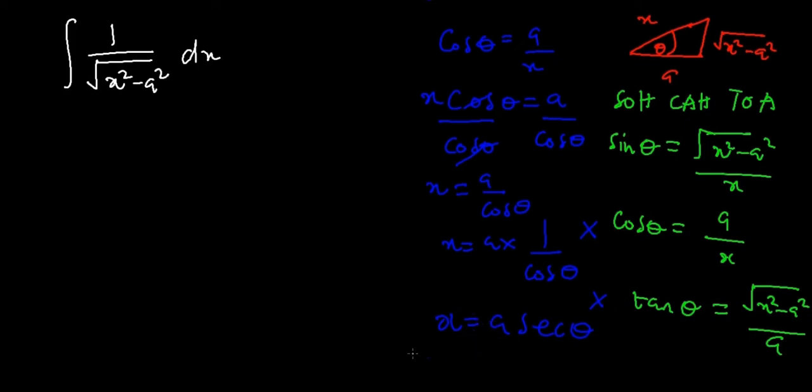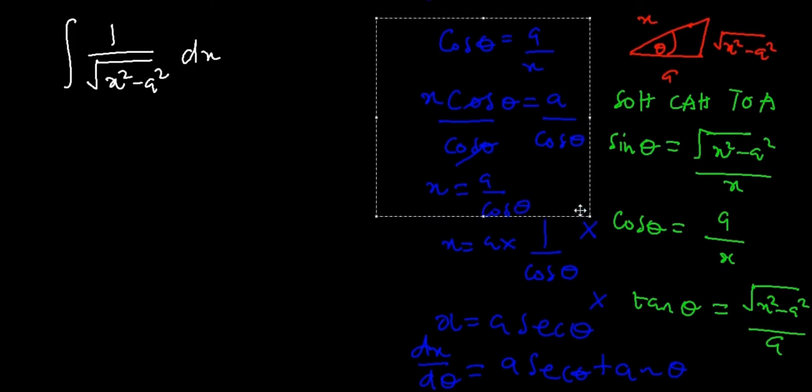So let's find the derivative of this. So dx over d theta will be equal to a times the derivative of sec theta, which is sec theta tan theta. Okay, so now from here, let's make dx the subject. So let me come and we have some space here.